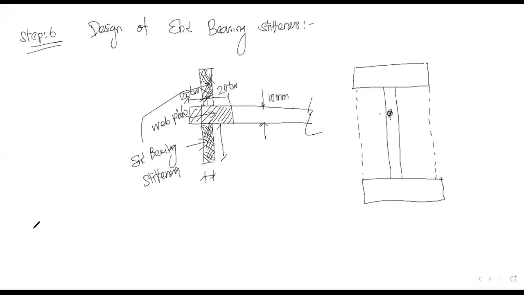First of all, we have the maximum shear force in the beam, which is 1908 kilonewton, that is V. For this we refer to clause 8.7.5.2 on page number 68 of IS 800 2007.